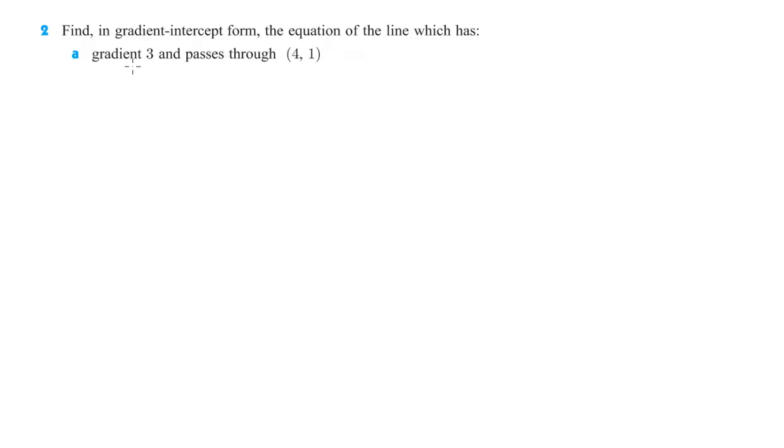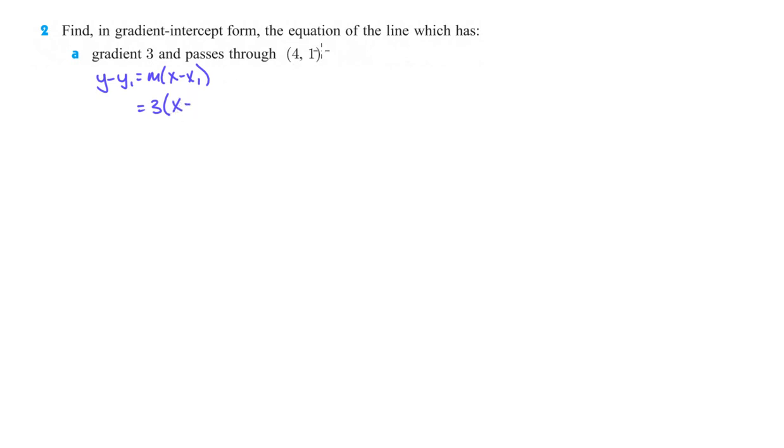Number 2, find in gradient intercept form the equation of the line that has gradient 3 and passes through (4, 1). You can do this with point slope or slope intercept. I prefer point slope, which is y minus y1 equals m times x minus x1, right? So the slope, gradient m, is 3.